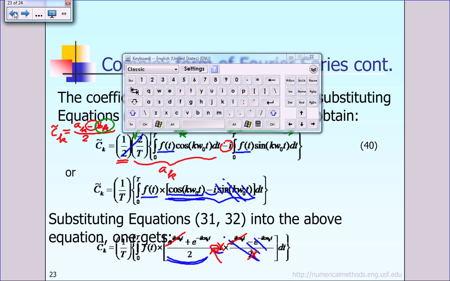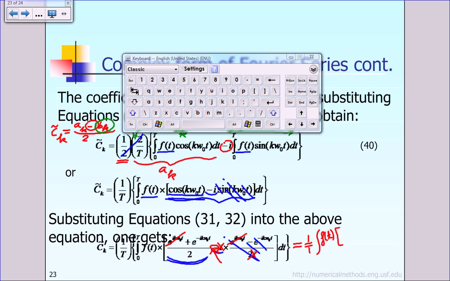Let me write it out for you. This is equal to 1 over t integral f of t, and then the square bracket. What you have left will be e raised to the power minus i k omega naught t, minus should become plus e raised to the power this again.